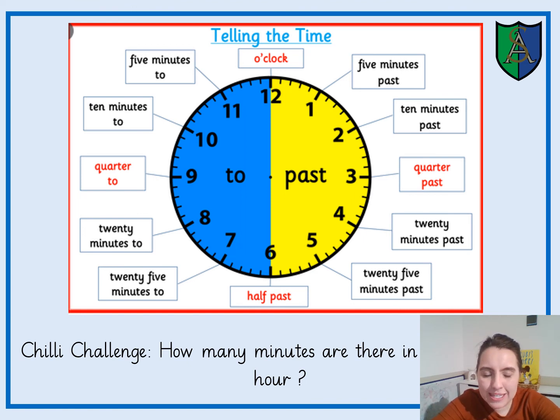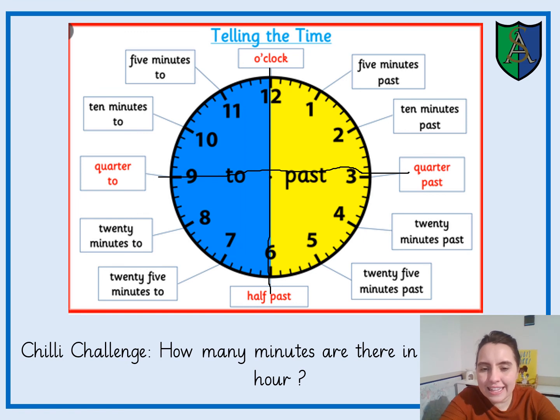Now, if we were to split our big clock into half and then half again, that would give us our quarters, wouldn't it? Okay, so let me just do that for you now. So I'm going to split it in half, and then I'm going to split it in half again, okay?